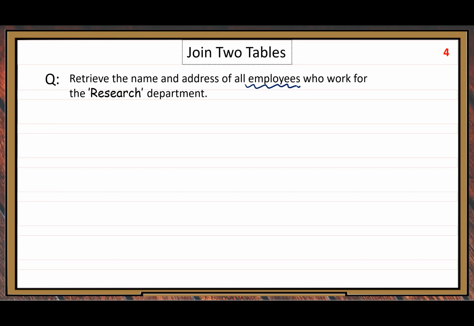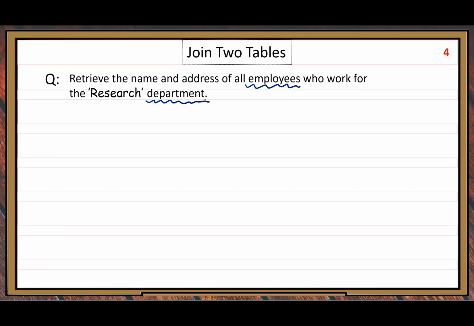Second, who work for the research department. You also need information from the second table, the department table. So then you need to join these two tables. There is some correlation between these two tables.